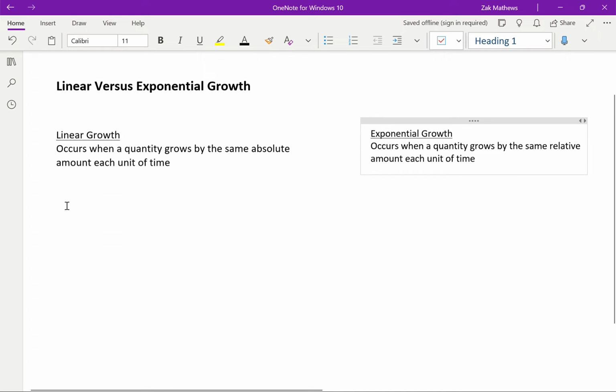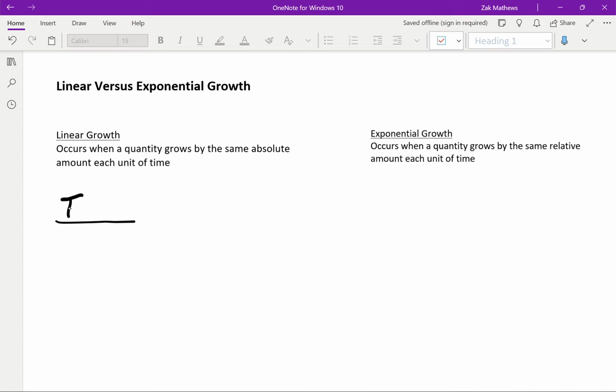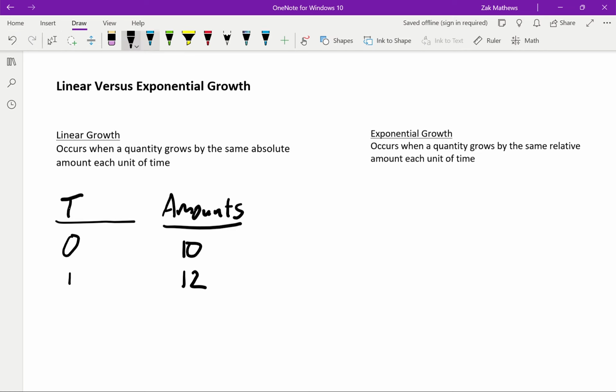So what we'd see in the case of linear growth, let's say we have times and amounts. I'm going to just leave this as a unitless thing right now, but if we have time 0, meaning our starting point, if we have 10 units, if we go 1 unit of time, so maybe 1 second, 1 minute, and maybe the amount's up to 12. Well, what that means is we've just seen an increase of 2.